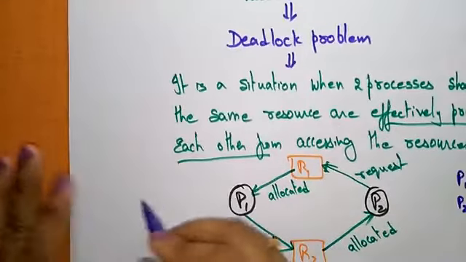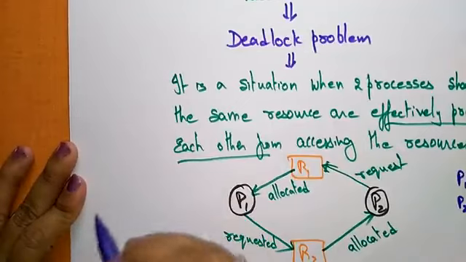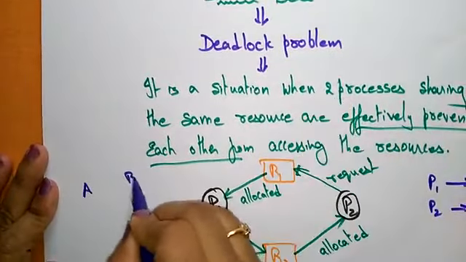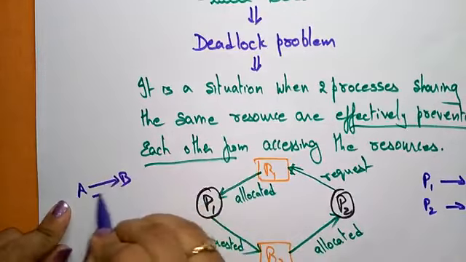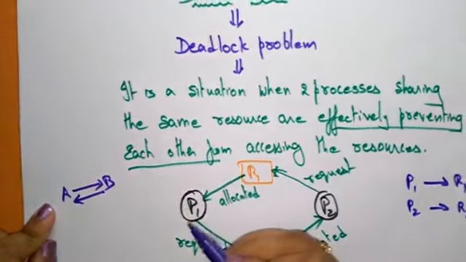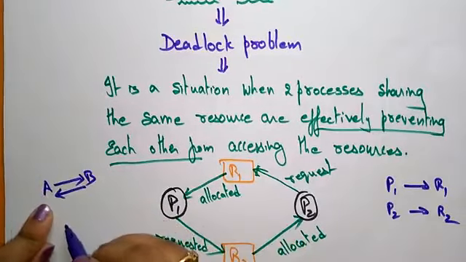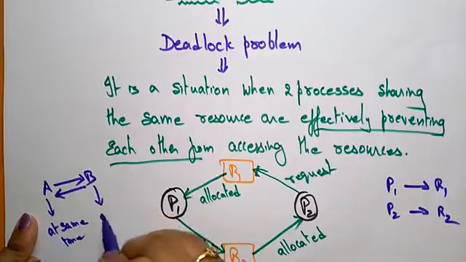Let us take a simple live example. Suppose you want to call your friend. A and B are both friends. A wants to call B and B wants to call A. So A is dialing at the same time, and B is also dialing at the same time.